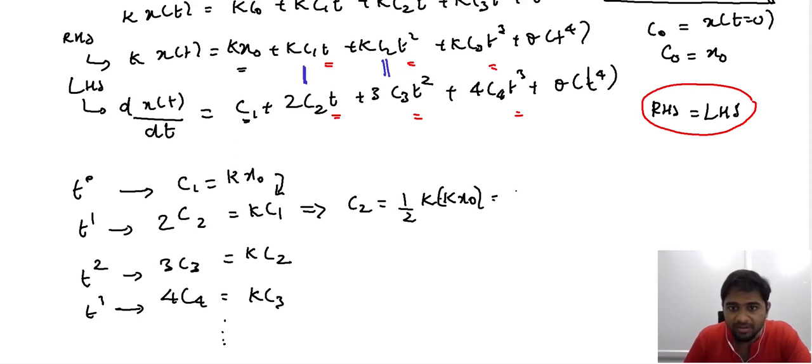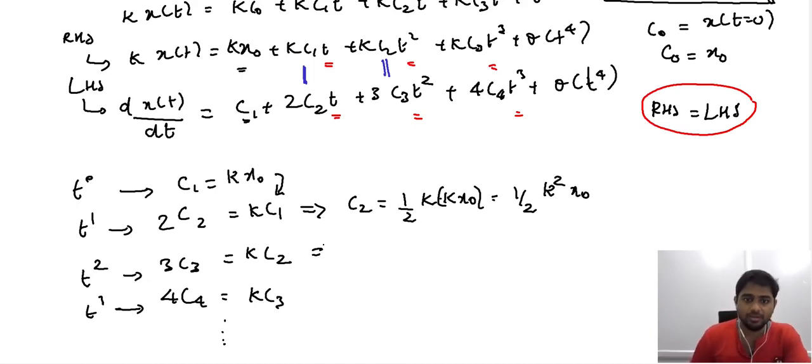When you expand it, you get 1 by 2 of K square x naught. So what we are essentially doing is trying to express the coefficient C2 in terms of x naught, and therefore substituting C1 as Kx naught, we end up with the expression C2 is 1 by 2 K square x naught.